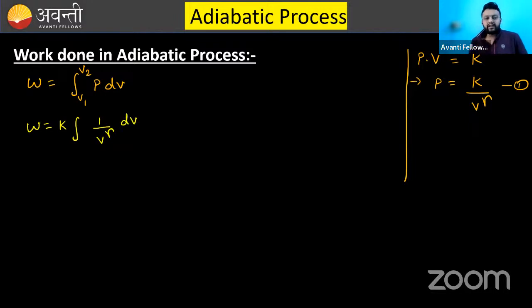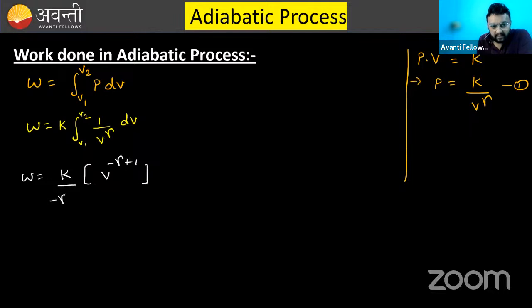Now you need to integrate it from V1 to V2. W is equal to K, which is a constant, times, if I integrate it, what we will get? V raised to the power minus gamma plus 1 divided by minus gamma plus 1.